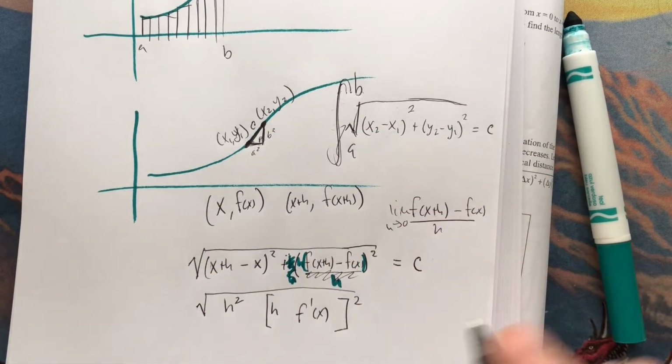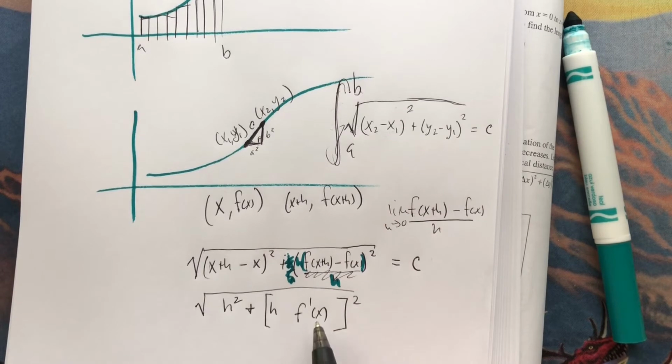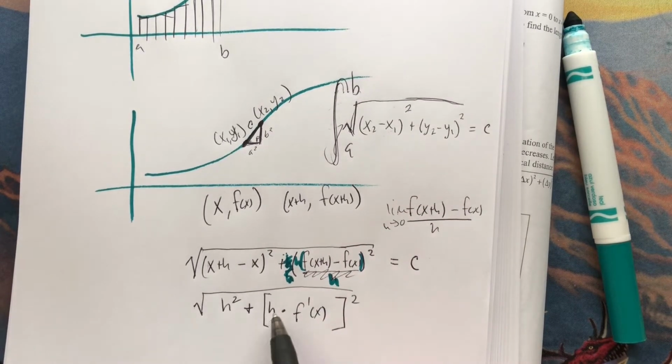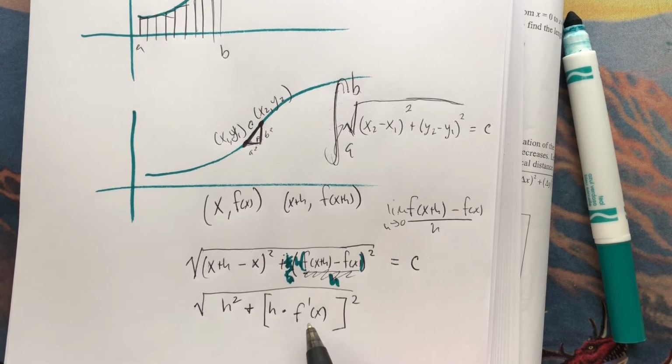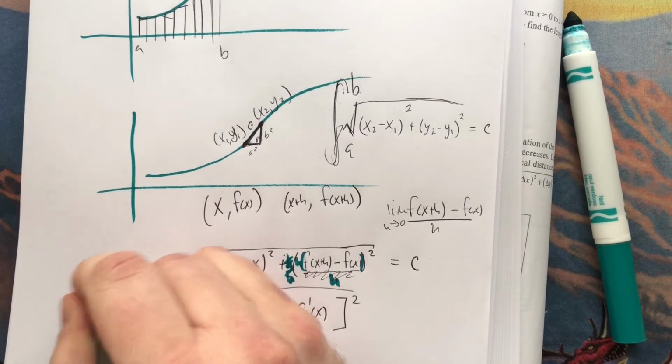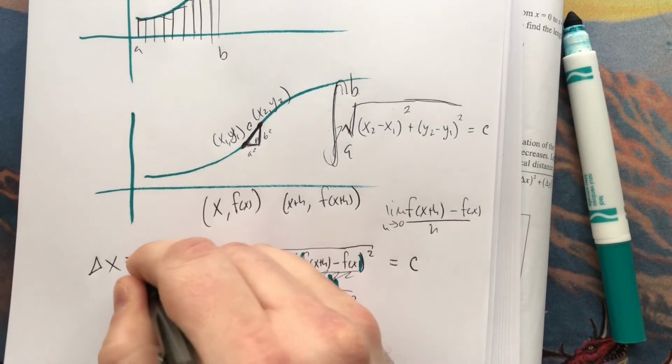We're taking the limit as h goes to 0. But the key thing is this now says h times f prime of x. And if you remember what h is, h was the same thing as delta x, which is the same thing as dx.